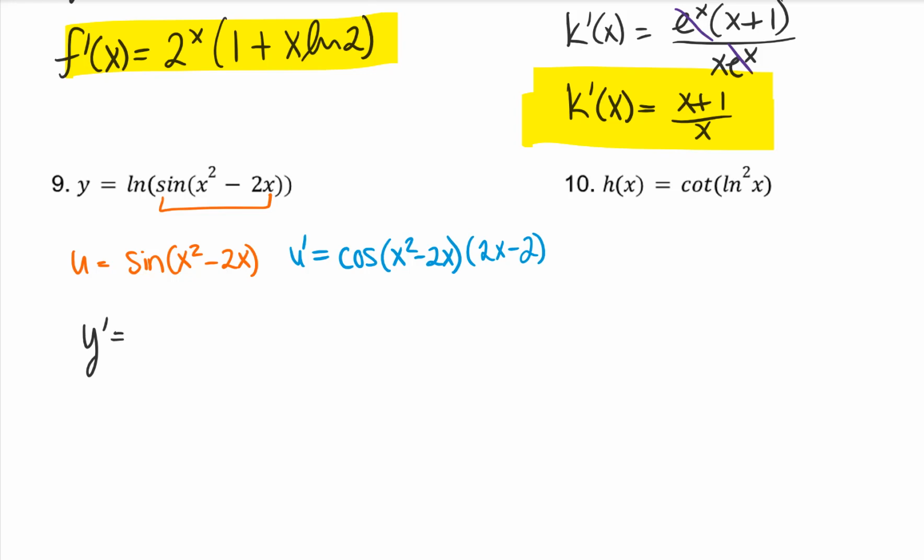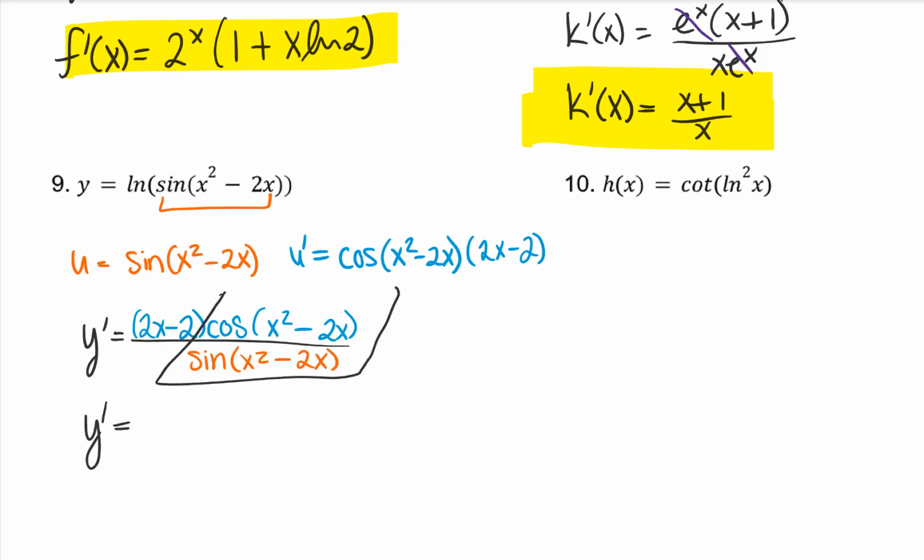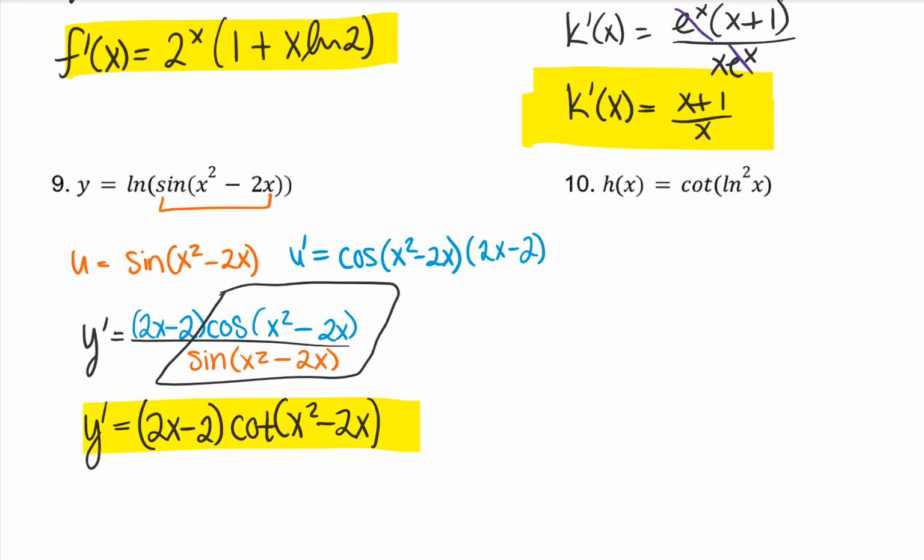Y prime is u prime over u. Is there any simplifying we can do with trig identities? Yes, cosine of theta over sine of theta is equal to cotangent of theta. If you can ever use trig identities to turn something from a fraction into a non-fraction, absolutely do that.